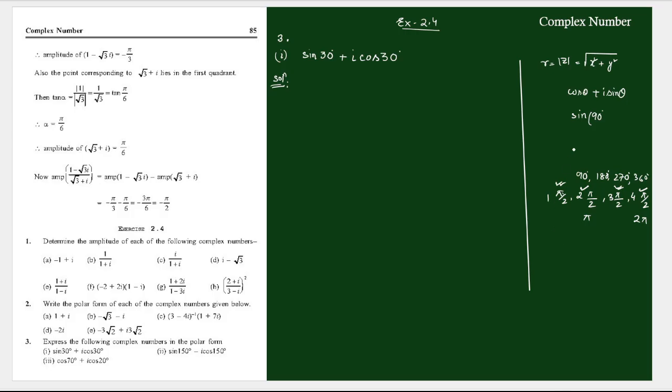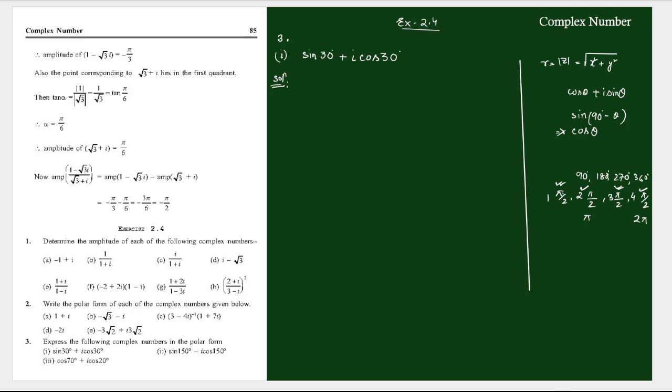Now when the sine is subtracted from the odd multiple of 90 degree, then what do we find? The sine changes into cos, and we write it as cos theta. So for now you just know the rule.